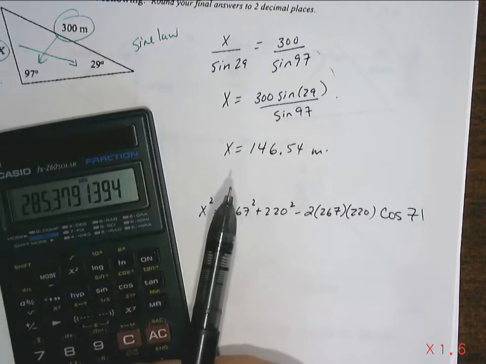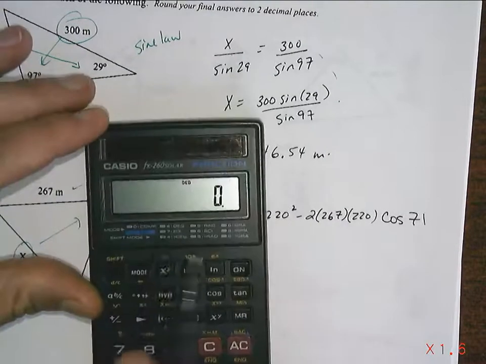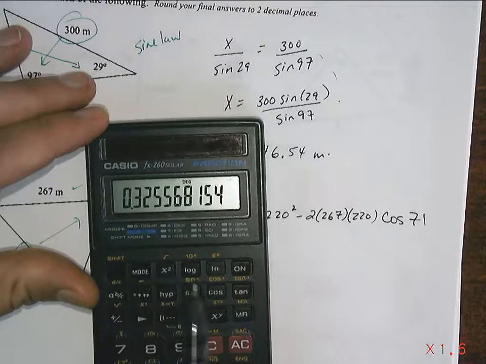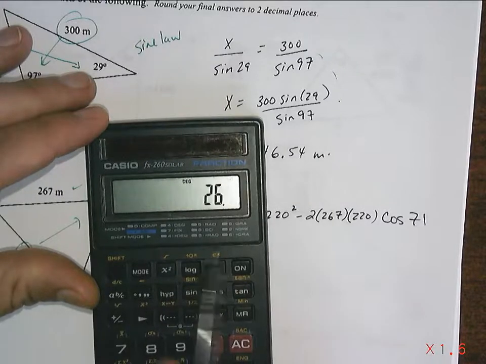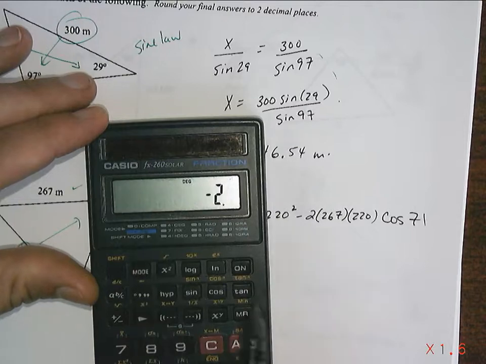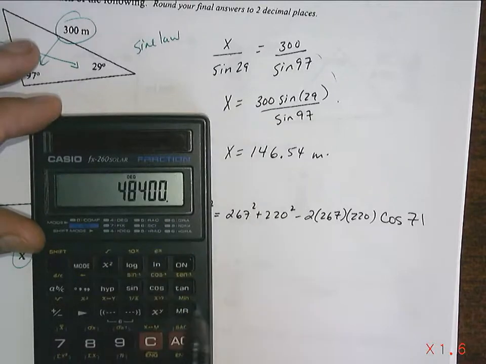And hold on, I got different numbers last time. Maybe I made a mistake. Let me try that one more time. So I'm looking at 71 cosine times 220 times 267 times 2. I'm going to add that to 220 squared, and add that to 267 squared.